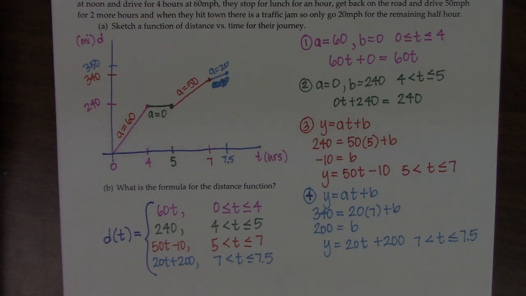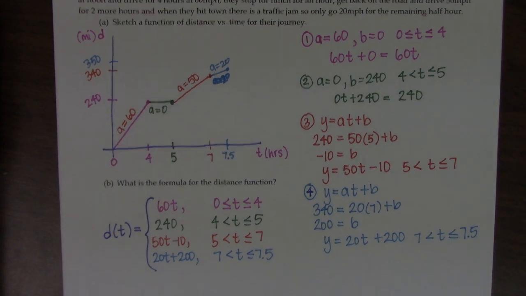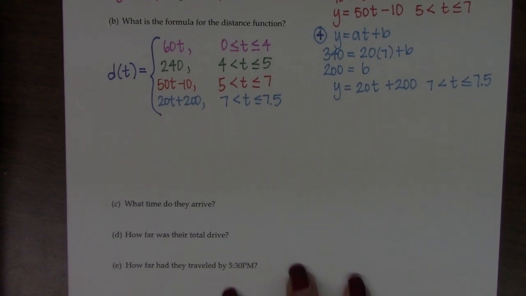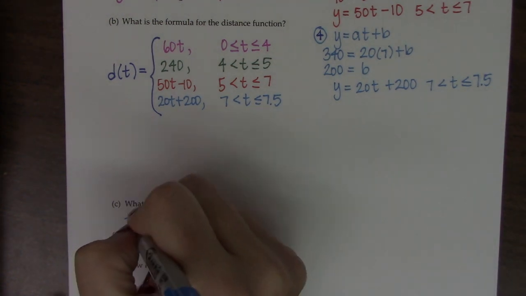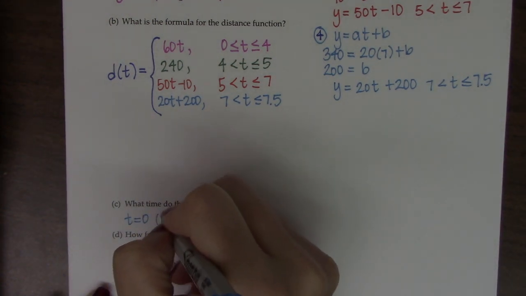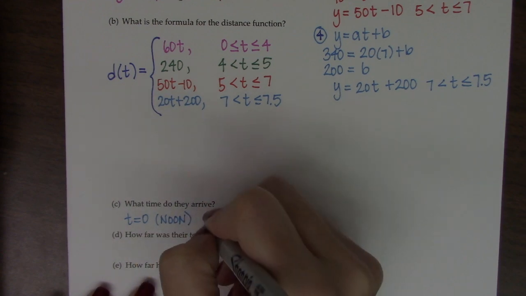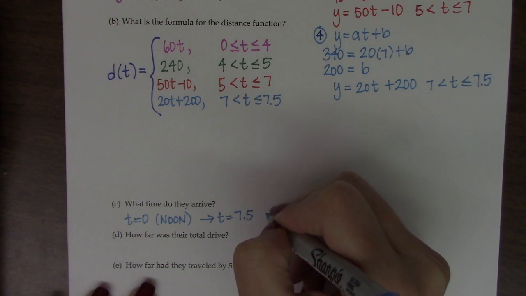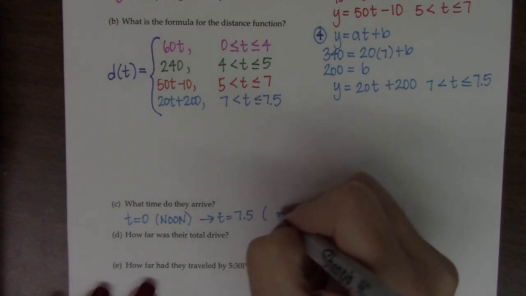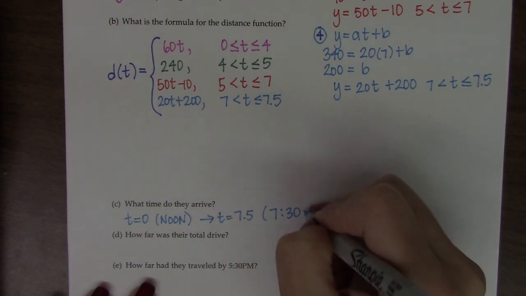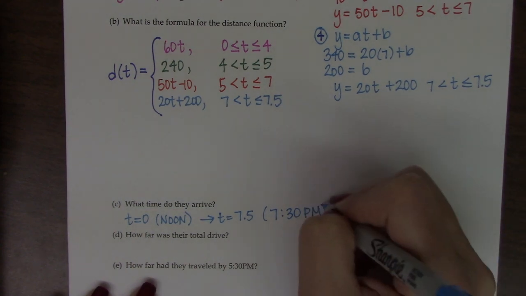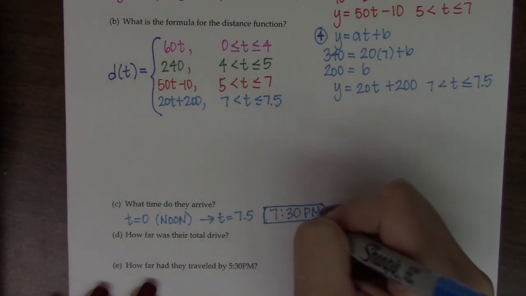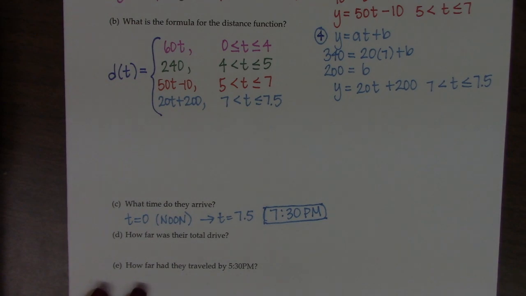So the question is, what time did they arrive? So if they left at noon and it took them 7.5 hours to get there, t equals 0 was noon, so then that means that t equals 7.5 is 7:30 p.m. How far was their total drive?